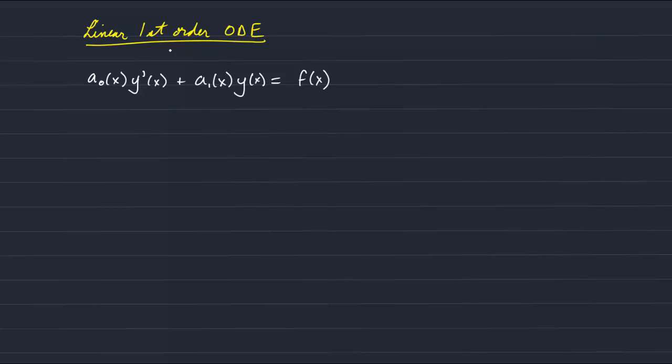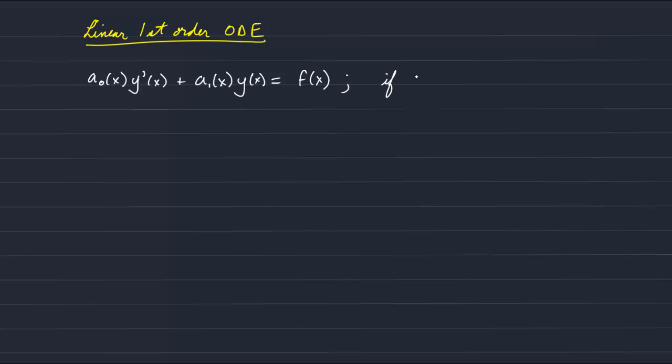So again, this is an ordinary differential equation because there are only derivatives with respect to one variable, that's x, and it's first order because the highest derivative is 1.